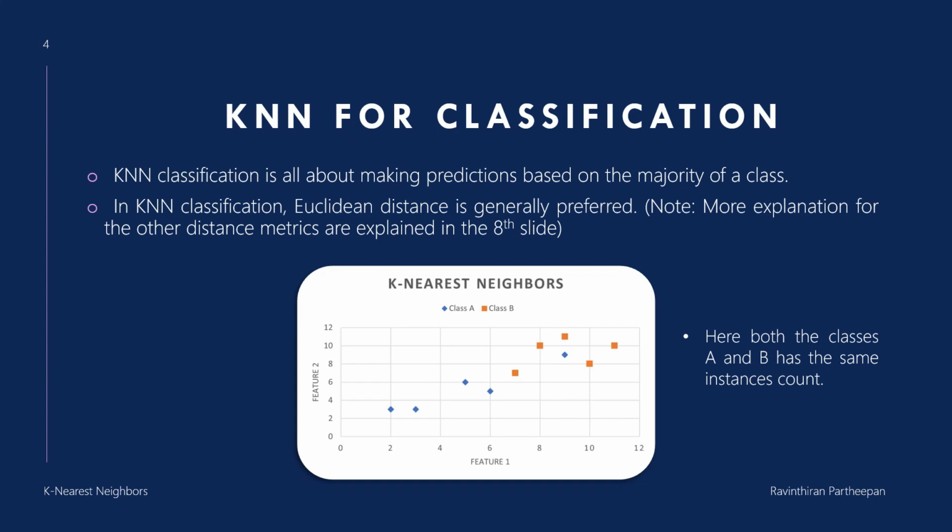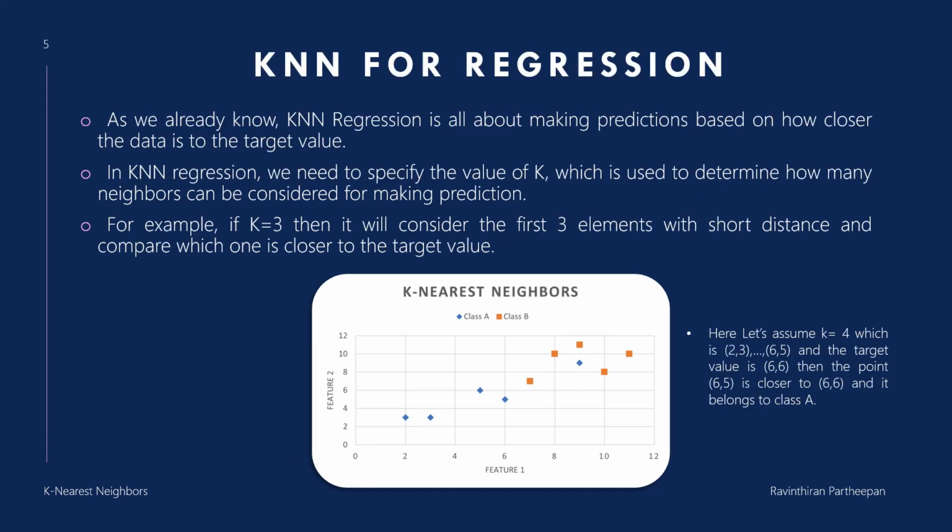We will talk about this later in the coming slides. And for the KNN regressor, like I told you, we need to find whichever one is closer to our actual values. In the KNN regressor, you need to specify the n_neighbors or k value, and maybe I will give you an example.